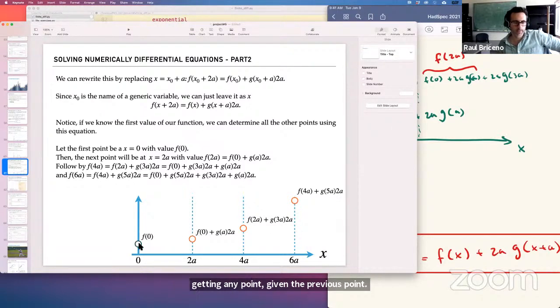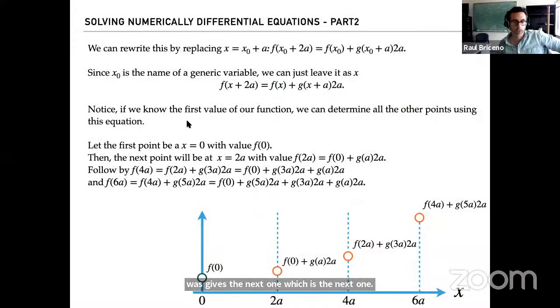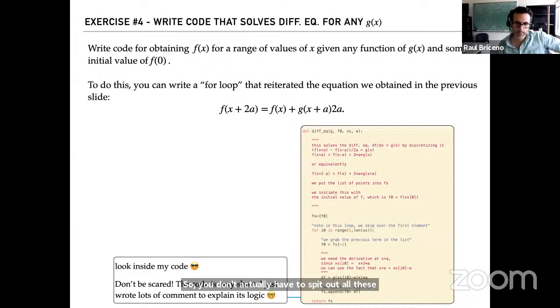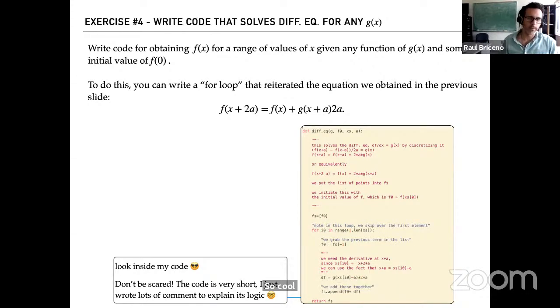So if you have an original point, you can get the next one, which gives you the next one, which gives you the next one. So you don't actually have to spit out all these equations. You can just write a loop that does this for you. So cool. Very simple, no? All right, so let's put it to practice.